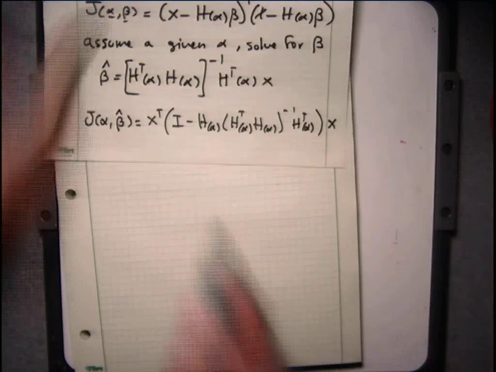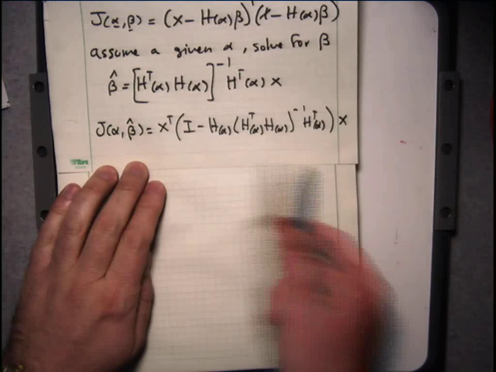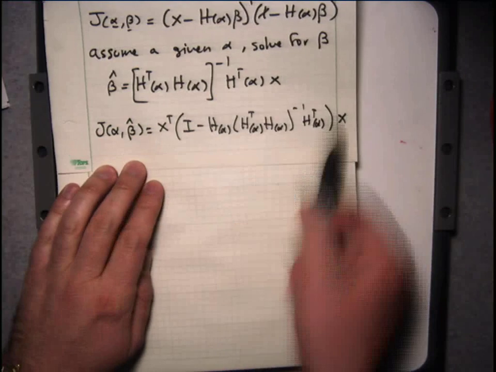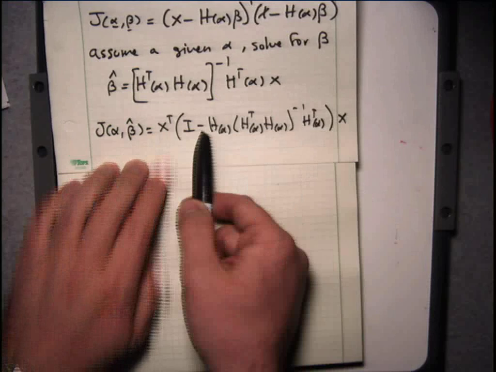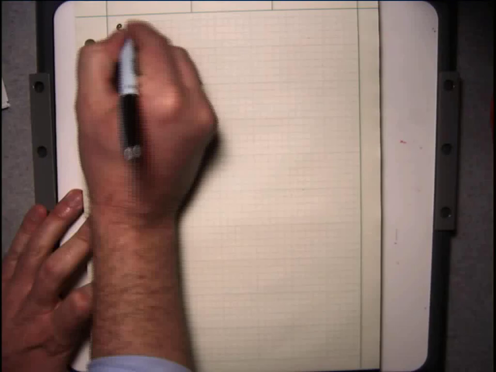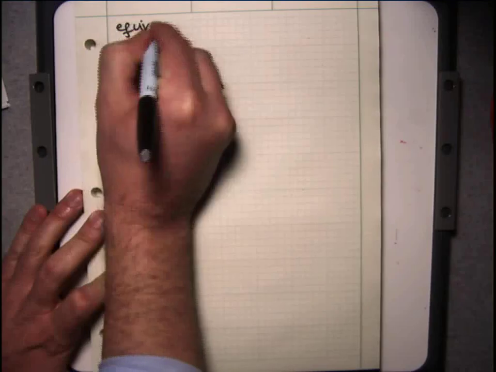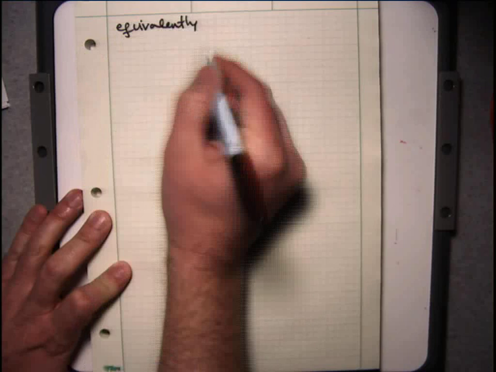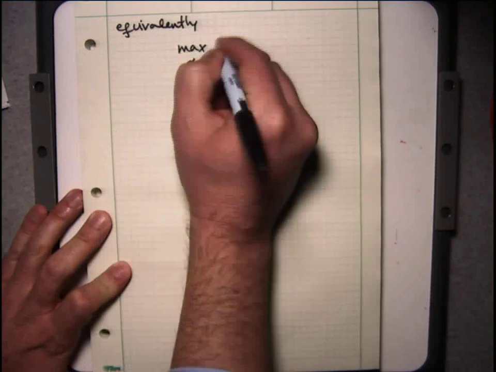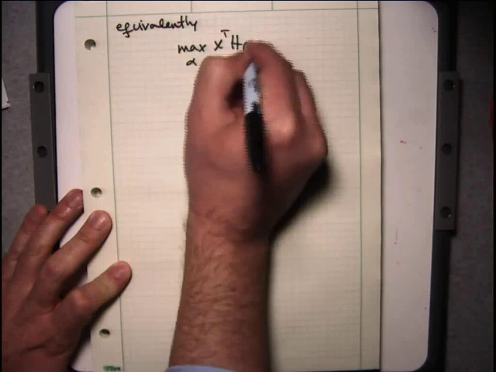Remember, what we want to do is minimize this, and the equivalent thing to minimizing this would be maximizing it without the I minus. So equivalently, you maximize over alpha x transpose H of alpha.